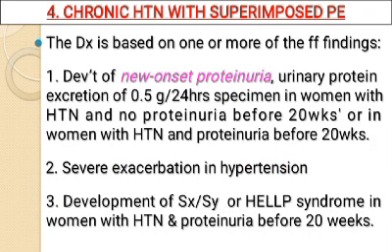4. Chronic hypertension with superimposed preeclampsia. The diagnosis is based on one or more of the following findings. 1. Development of new onset proteinuria, urinary protein excretion of 0.5 gram per 24 hours specimen in women with hypertension and no proteinuria before 20 weeks, or sudden increase in proteinuria in women with hypertension and proteinuria before 20 weeks. 2.